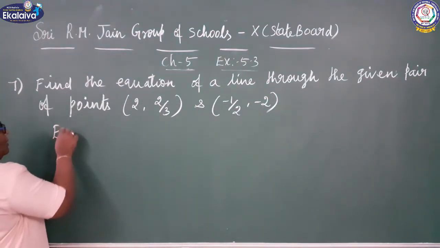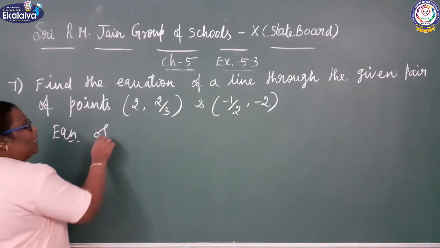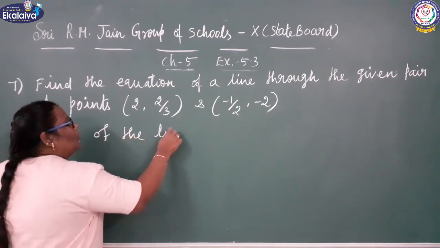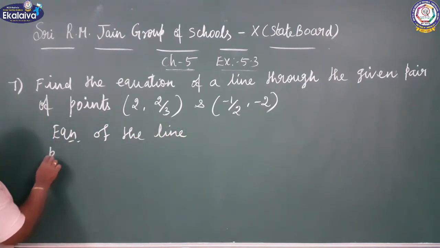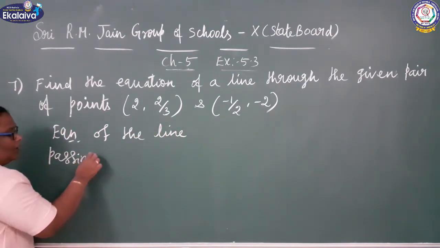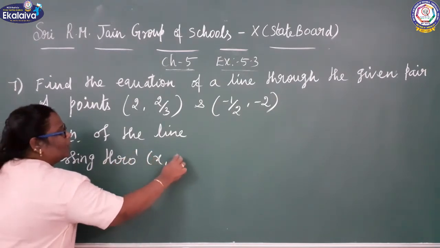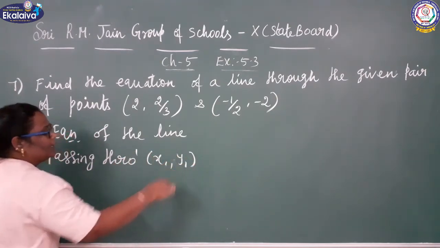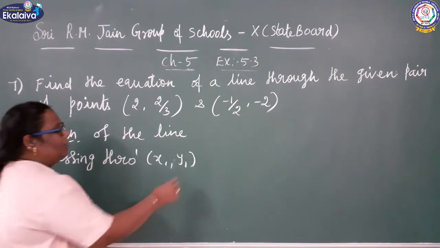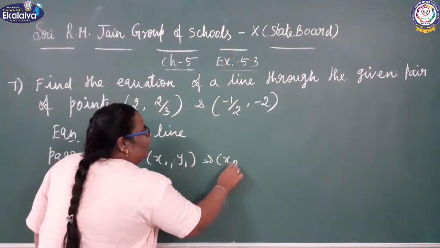Equation of the line passing through 2 points. What are the points? You can take it as x1, y1 and x2, y2.